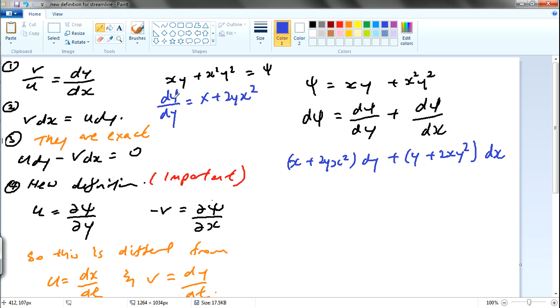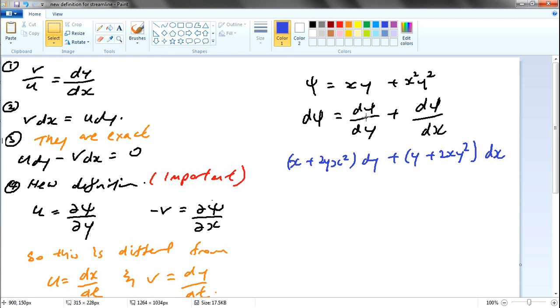So dz is equal to x plus 2y x squared. Then you bring this dy up. For dx, the same thing applies.